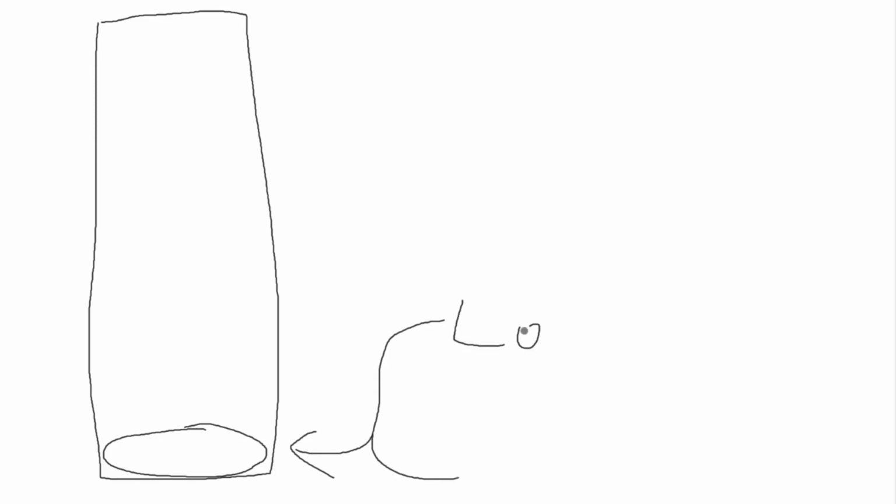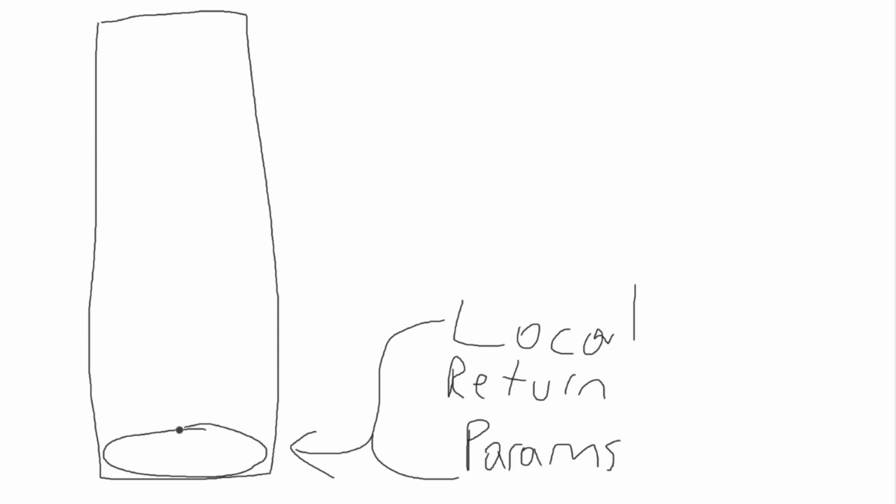It contains the local variables, which are at the top because they're pushed last onto the stack. It contains a return address to keep track of where to continue running the program when the function finishes. It also keeps track of any parameters that are given to the function. Alright, so whenever we call a function, we keep adding stack frames.